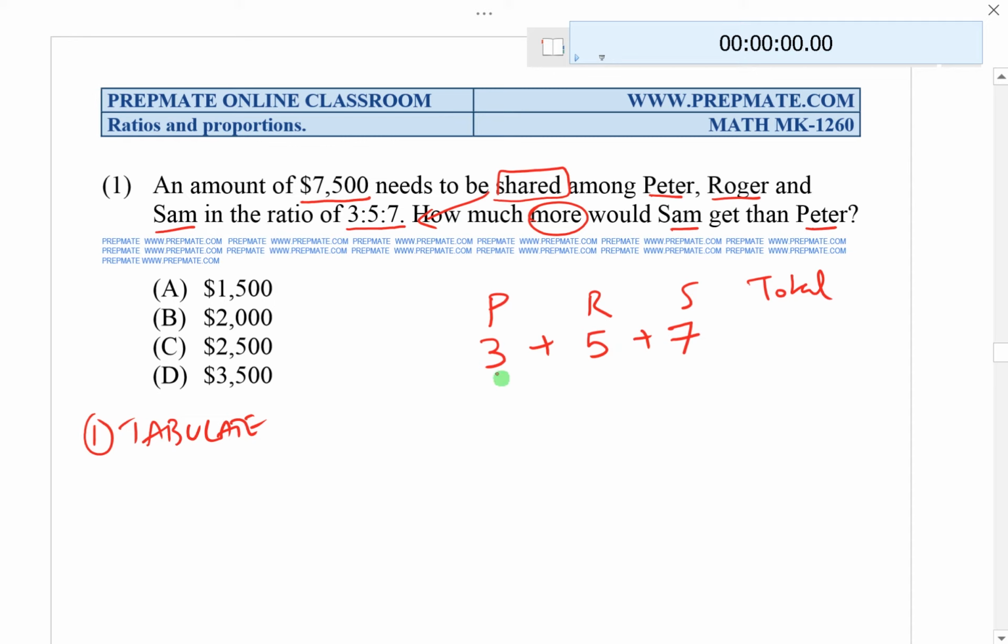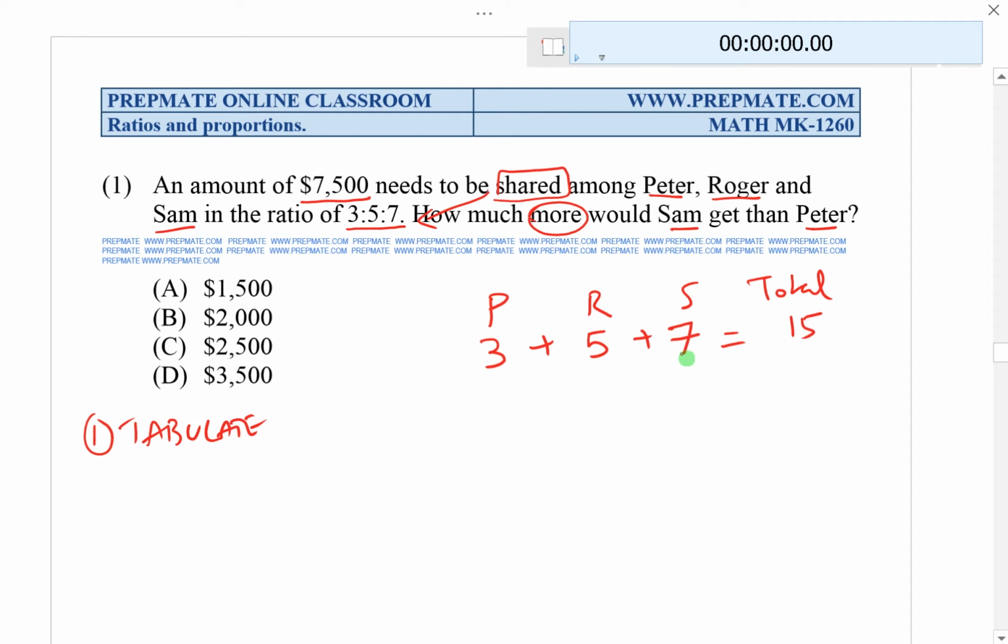So this is going to be 3 plus 5 is 8 plus 7 is 15. And that would mean if we have 15 of something, like $15, 15 pencils, 15 candies, Peter gets 3 of them, Roger gets 5 of them, and Sam gets 7 of them.